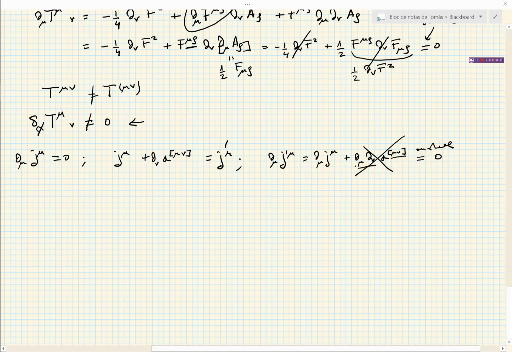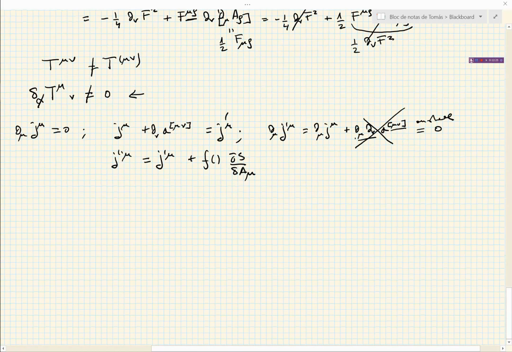Furthermore, okay, there is a second modification that one can make to a conserved current, which could be to add to J mu any term, you can multiply this, for instance, by some function, whatever, proportional to the equations of motion.